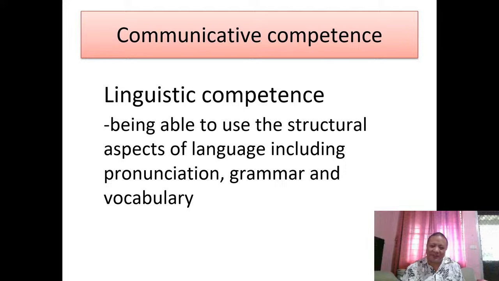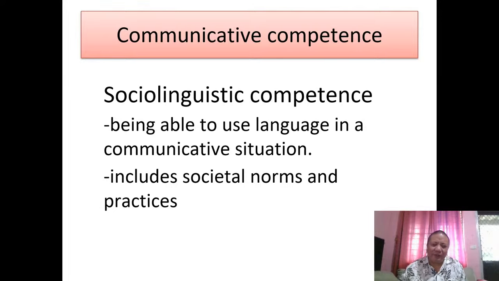That's linguistic competence. Then we have sociolinguistic competence. Sociolinguistic competence is being able to use language in a communicative situation based on societal norms and practices. So you are able to talk according to the culture.